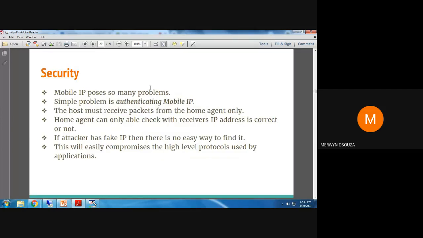It should provide secure communications. When you're sending the data from one system to another, it should authenticate the correct packet. Whatever the sender is sending, only that data should reach the receiver. The attacker should not be able to use fake IPs and send other packets. So it should provide secure communication over the internet.